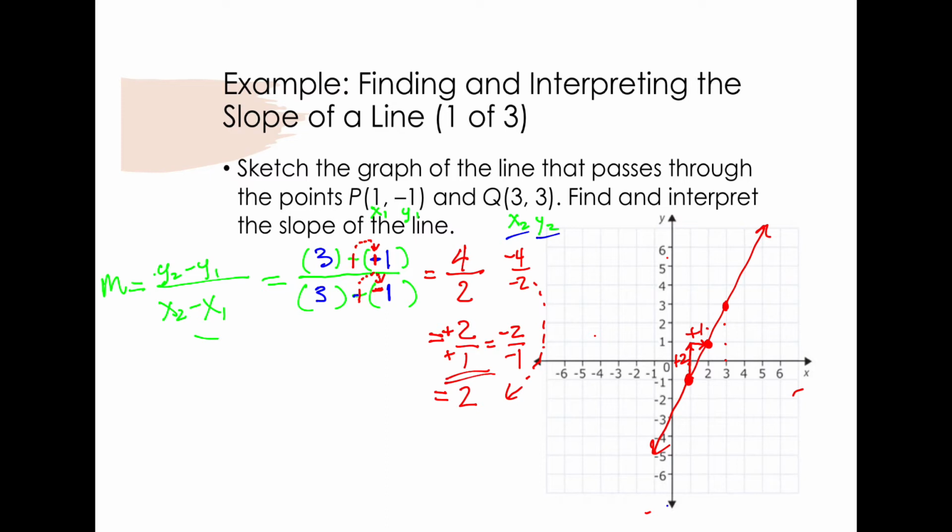And I can continue doing that up 2 to the right 1, and you'll notice that I always end up at another point on my graph. This is also true if I go the opposite, the -2 over -1. If I go down 2, so that's my -2, and then to the left 1, -1, I also end up at another point on the line.